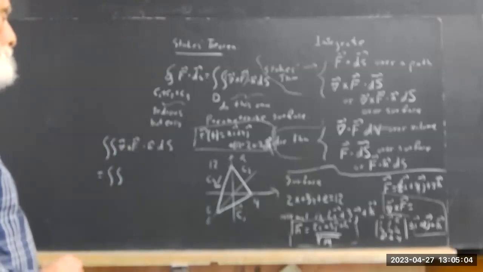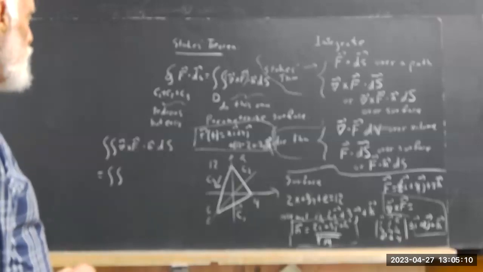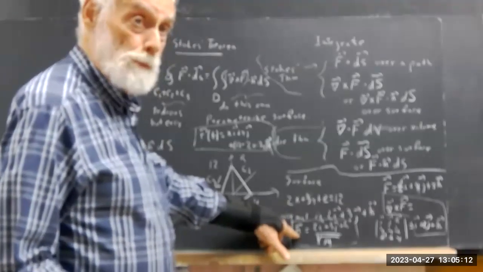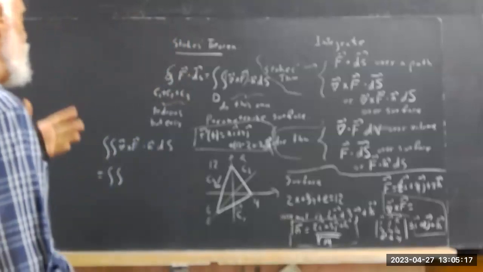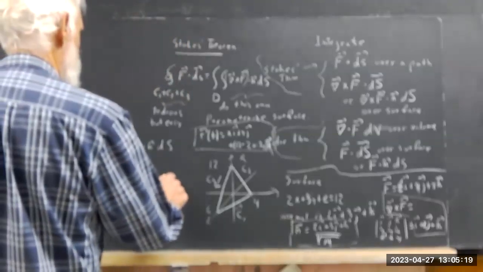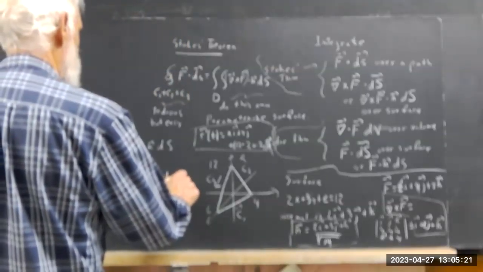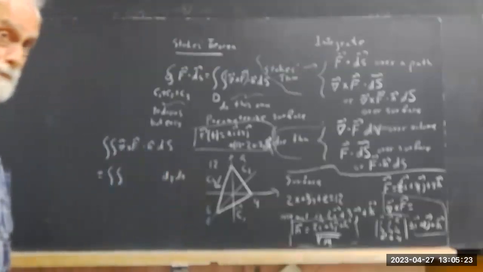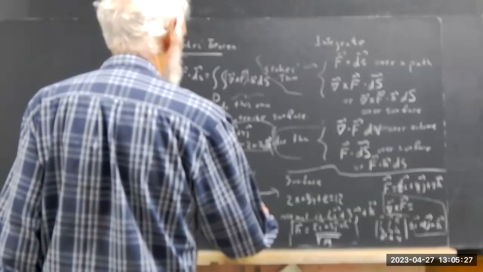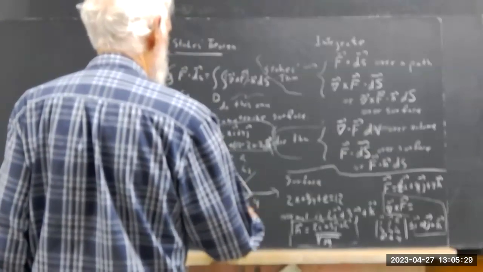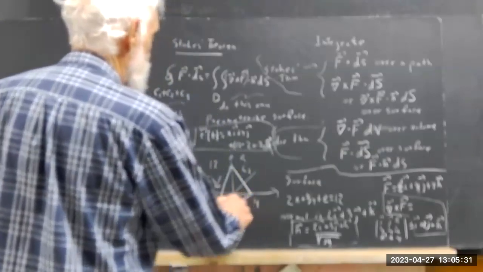Because this is a unit normal, our dS is going to be dy dx over this region here.